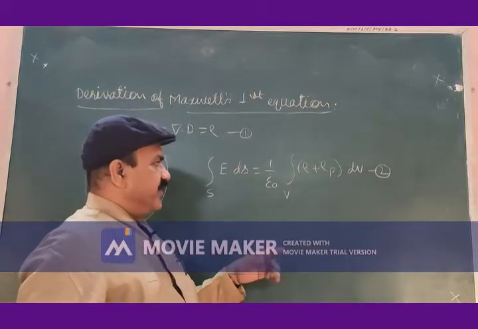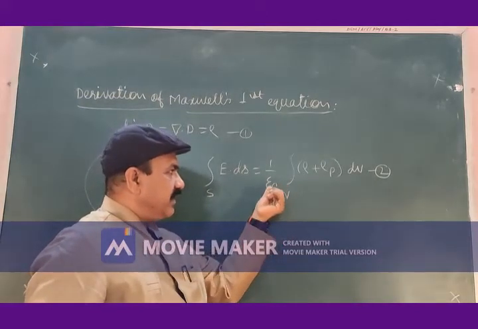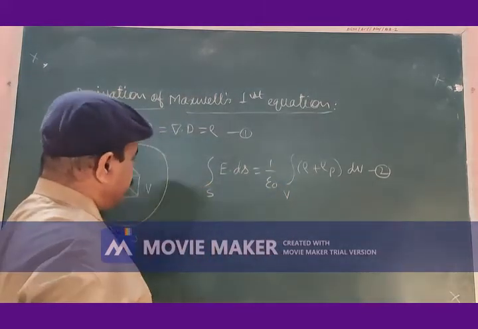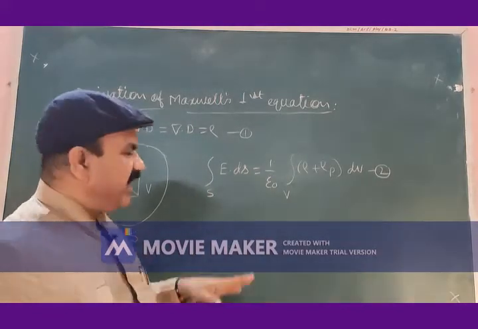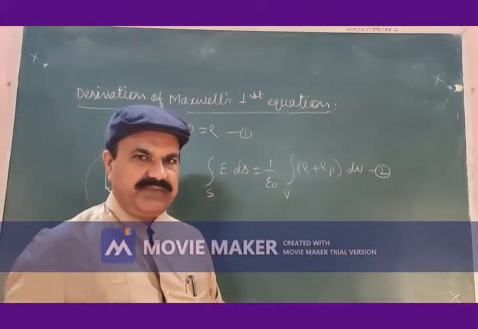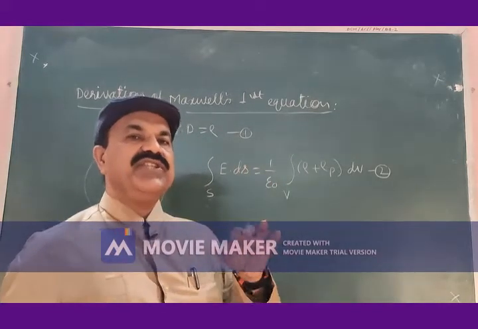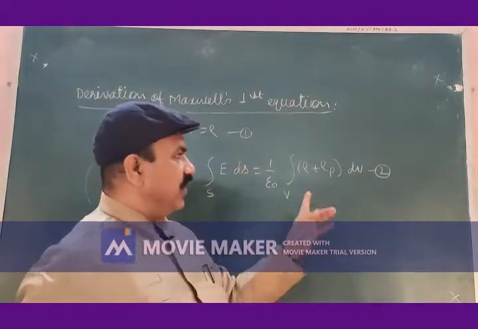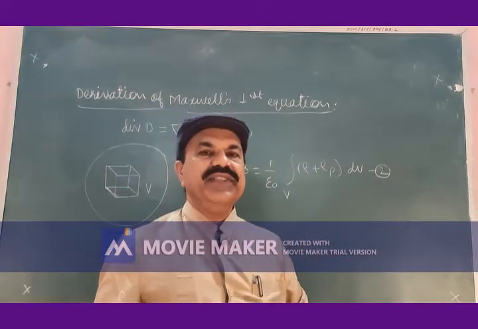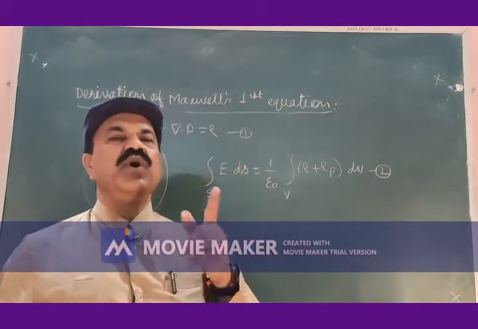What is the meaning of this? Epsilon 0 is the permittivity of the dielectric medium. Rho is the free charge density. Rho p is the charge density due to polarization.